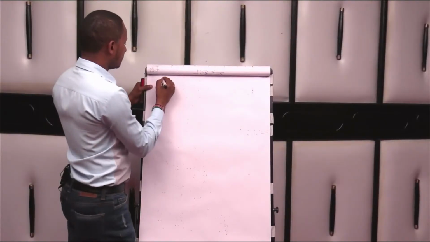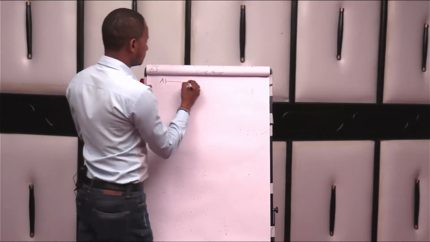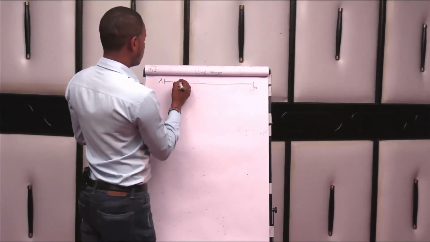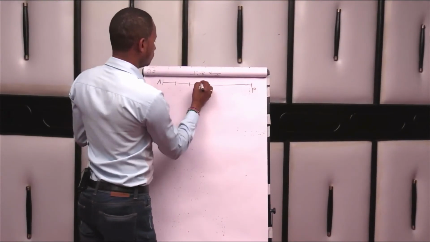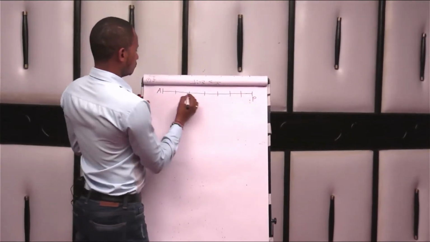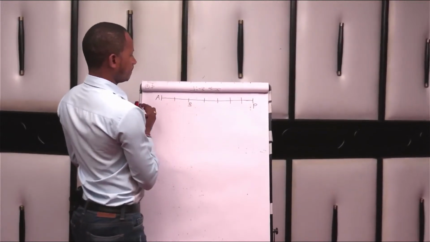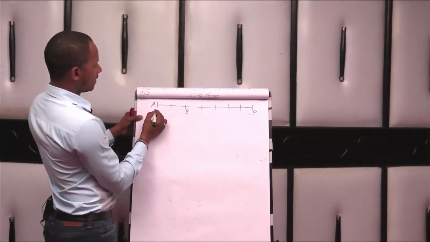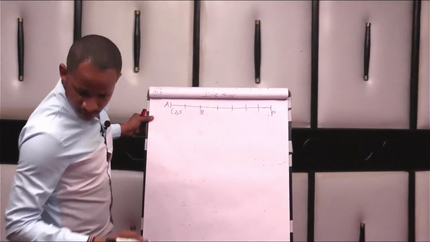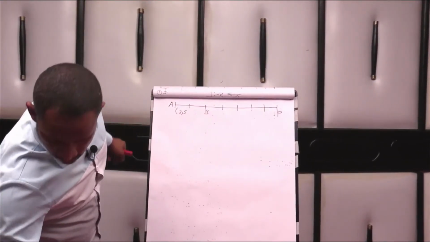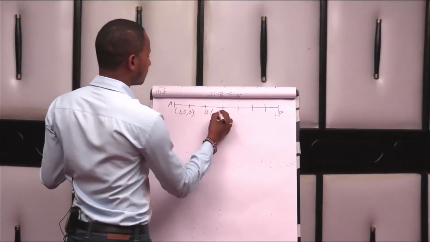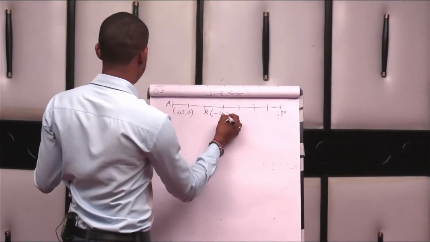So our point A is that, first of all, divide it just in that ratio. We said this is our P. Then 1, 2, 3, 4, 5, 6, 7. So this is our B. This is our P. So the coordinates of A are 2, 5, 4, and the coordinates of B are minus 4, 7, and 2.